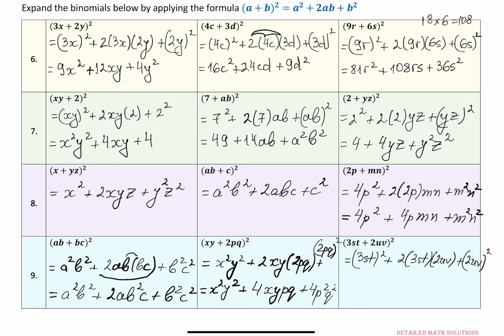This equals 3 squared s squared t squared, which is 9s squared t squared, plus 2 times 3 times 2, 6 times 2 is 12stuv, plus 4u squared v squared.